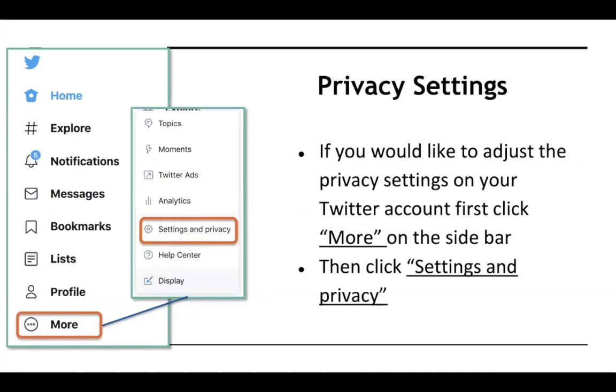You can also review your privacy settings. So under the area where we have notifications, messages, and profiles, there will be a tab called More. Once we click on More, it will give us an option to look at analytics and many other things, but more importantly, the settings and privacy.